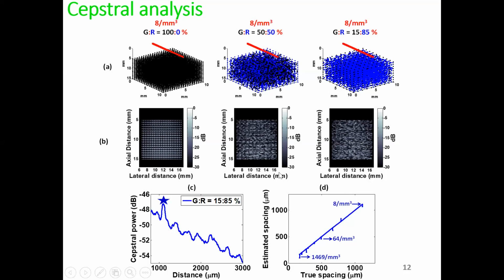Now, if we were to simply rely on the amplitude of these signals and just observe the changes that are occurring from one image to the other, we wouldn't be able to obtain a lot of information until we switch to the Cepstral domain.